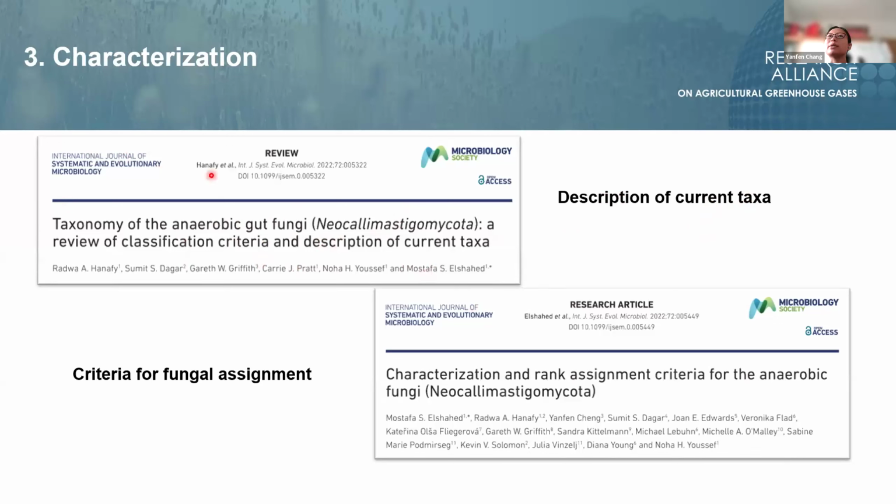Then based on this characterization and description, the authors from Noha's group and also some Anaerobic Fungal Network members proposed new assignment criteria if you want to assign a new genus. So if you want to know more details about the characterization, you can have a look at these 2 papers.